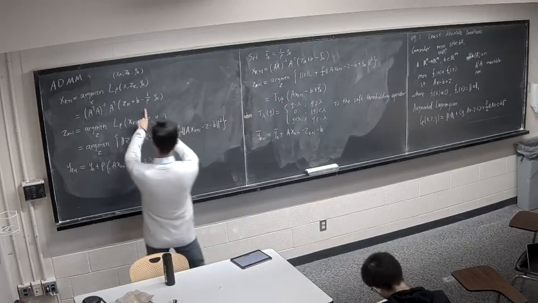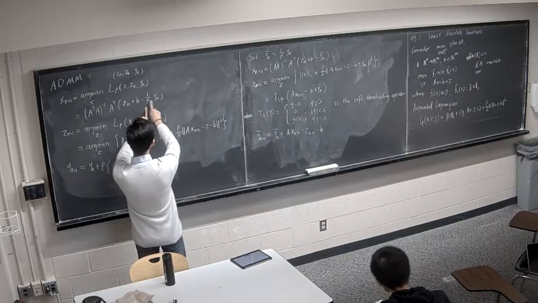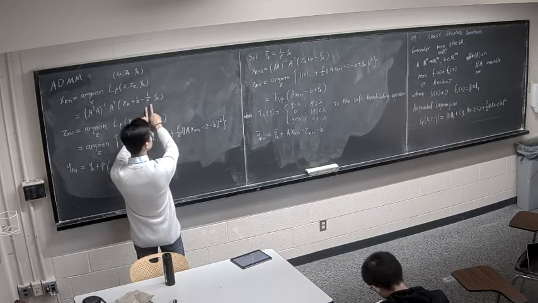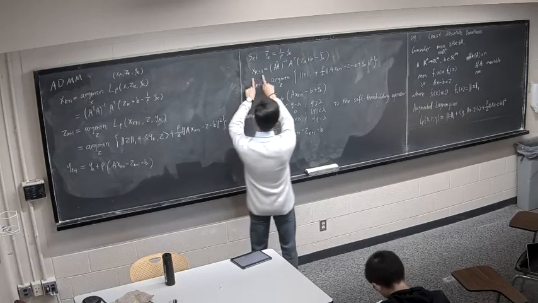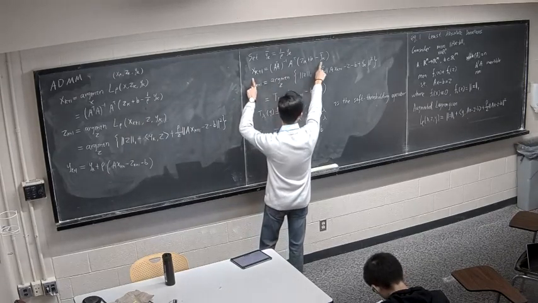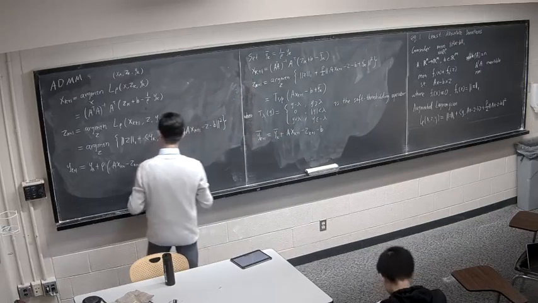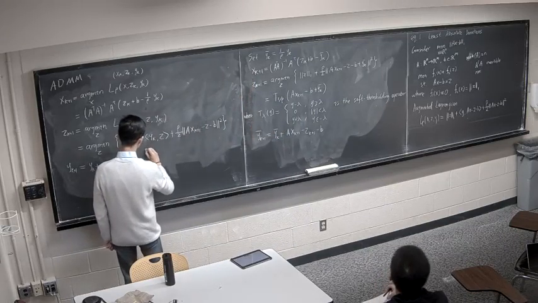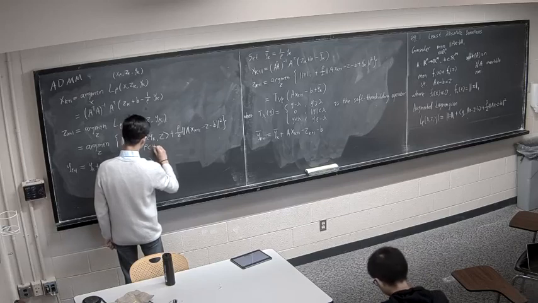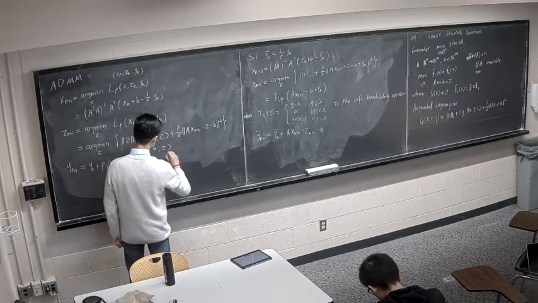For x, we just call y divided by rho as y bar. So this is the update for x^{k+1}. We are using y_k bar. And for z_k, we first change this y_k to be rho y_k bar.